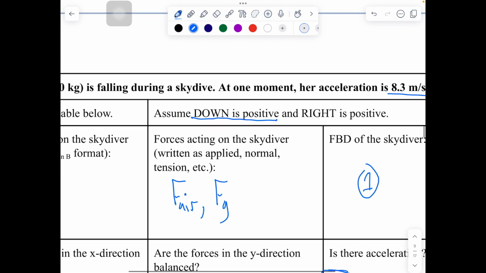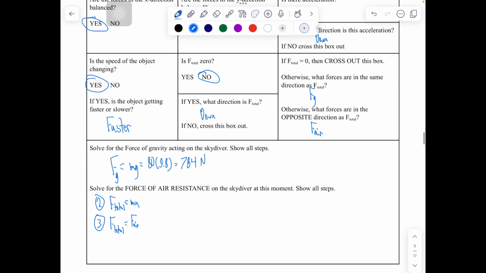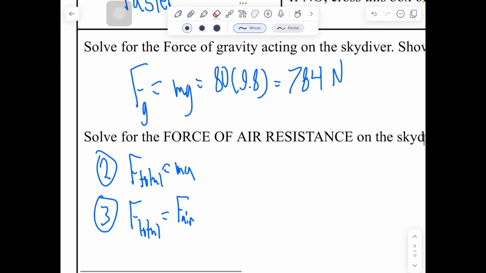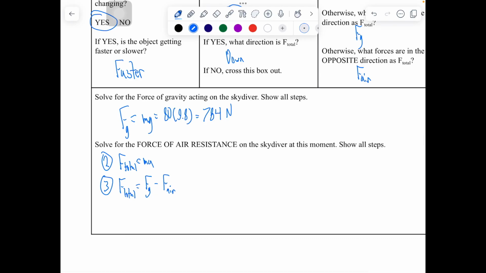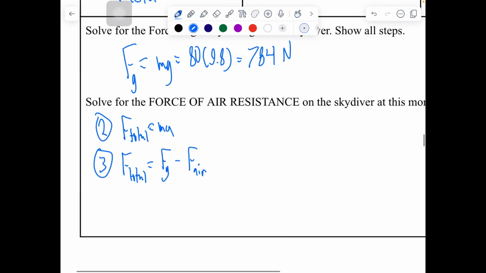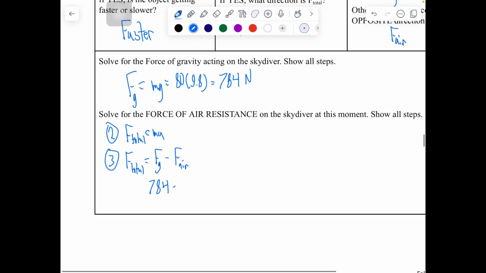Okay, if we're saying down is positive, then our positive force is now gravity, and our negative force is air resistance. Now, do note, you could absolutely just keep saying downward is negative and upward is positive, and it will work out just the same. Now we can plug in, okay, gravity is 784 minus our air resistance.